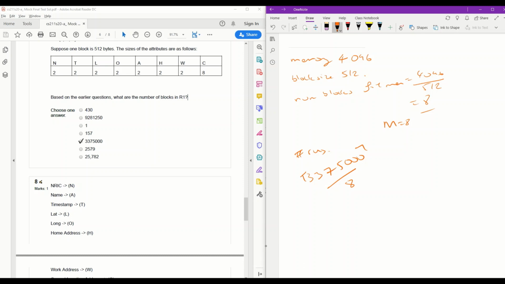This will be the number of runs for the external merge sort, which is the first phase. After that, we need to carry out the merging phase. In the merging phase, we take M-1 as the branching factor, so we then need to take log base 7 of this number.